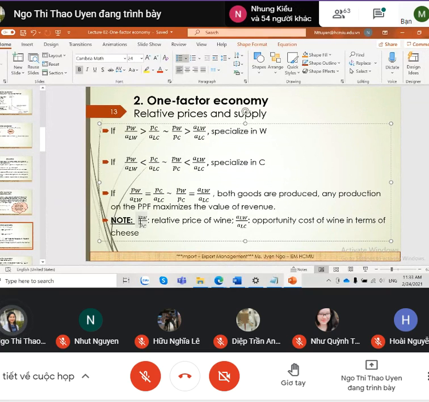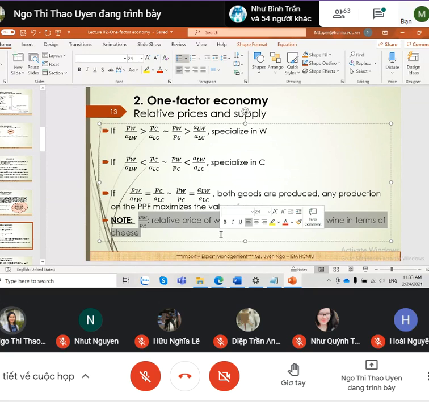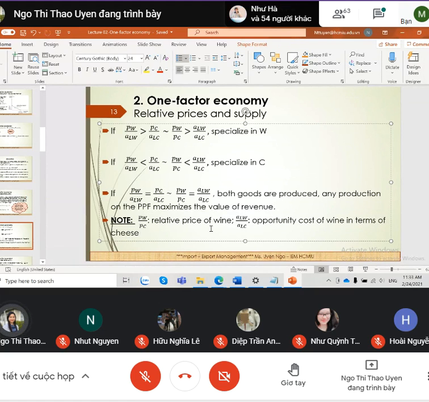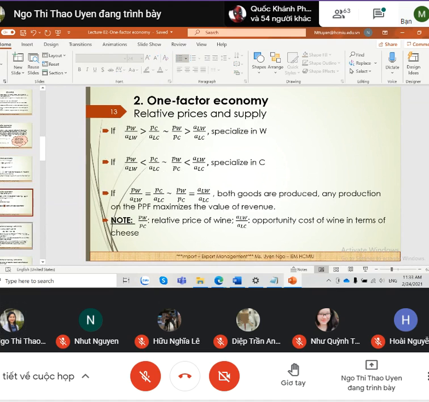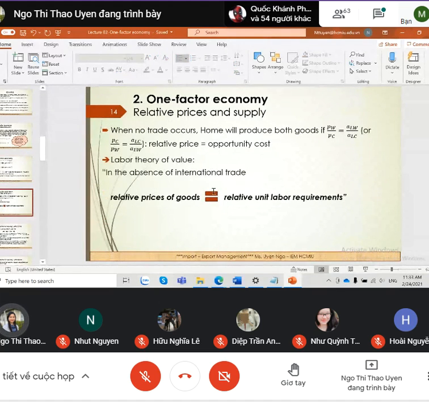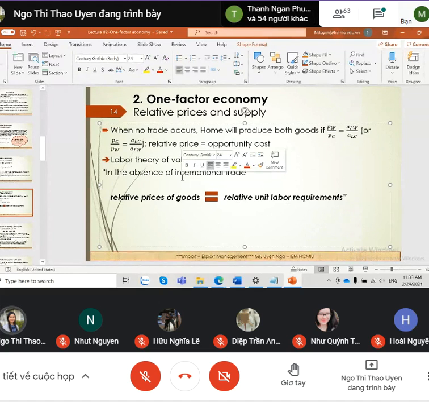So you need to denote the terms here: the relative price and the opportunity cost. When no trade occurs, the relative price is equal to the relative unit labor requirement because they can produce both. So they have less incentive to trade.